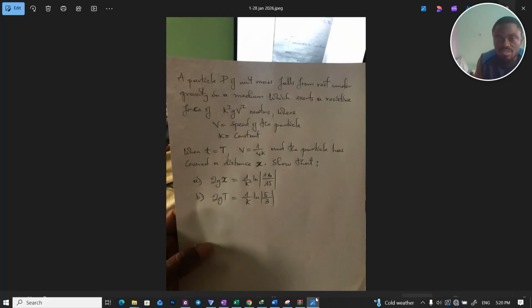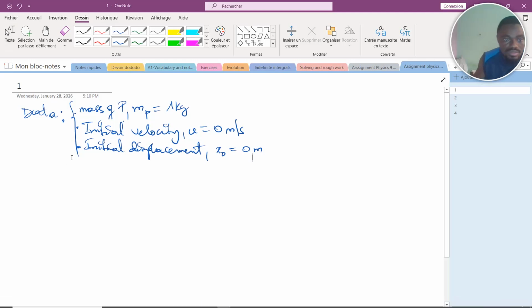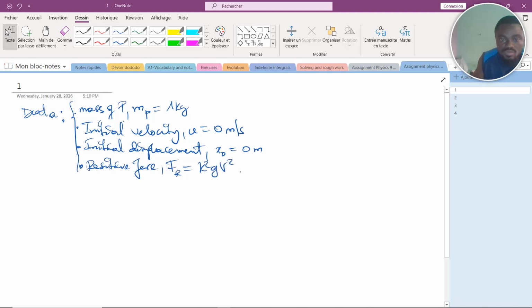So the resistive force, I'll call it Fr, has magnitude k squared g v squared newtons. And they say that v is the speed of the particle and k is a constant.